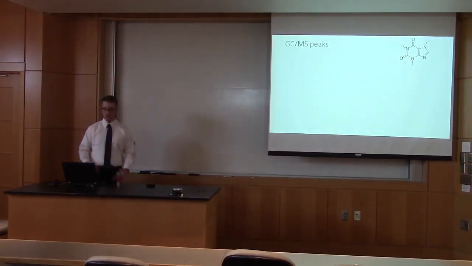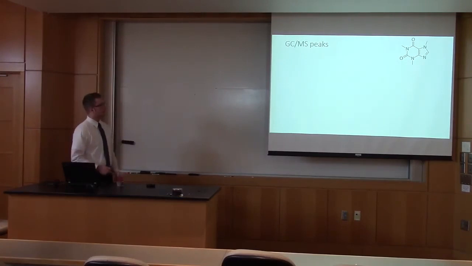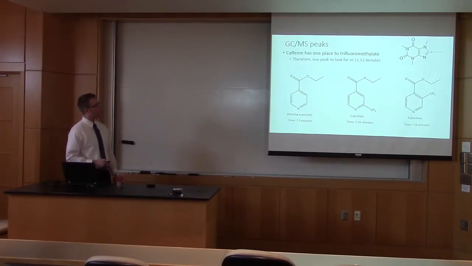So I'd like to talk a little bit about the GCMS peaks here. Caffeine has one place to trifold methylate, and therefore there's one peak to look for at about 11.52 minutes. So again, this is the only place to trifold methylate.